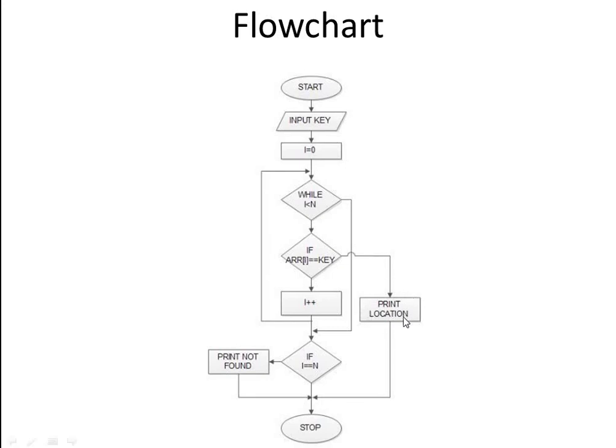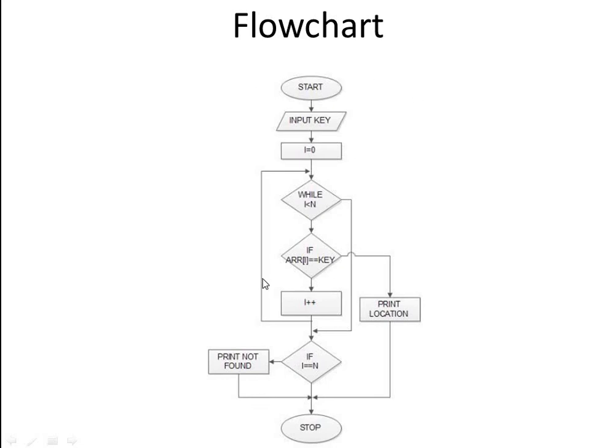If the element is found it will stop, otherwise it will go till the end of the array, that is if I equal to n. If suppose I have reached the end of the array, it means that the element is not present in that array, so we cannot find that element, so print not found, say that the element is not found, and stop the program.